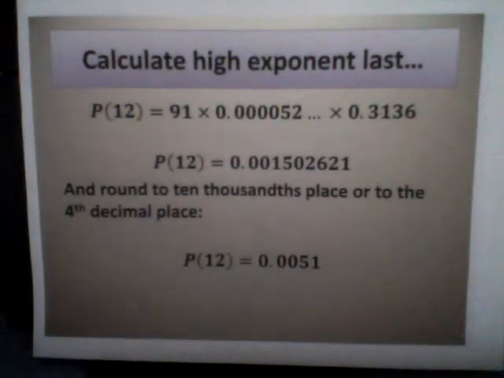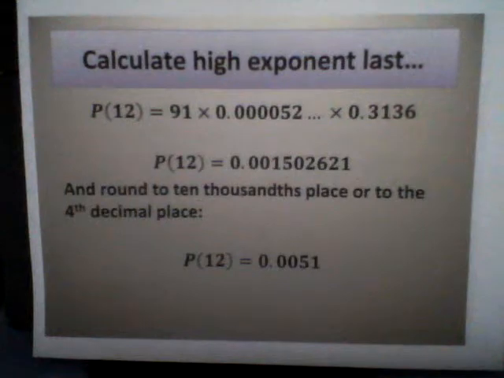I then continue to calculate. P12 equals 91 times, and then I calculated the high exponent last, and it came out to 0.000052 times 0.3136. P12 equals 0.00150261.